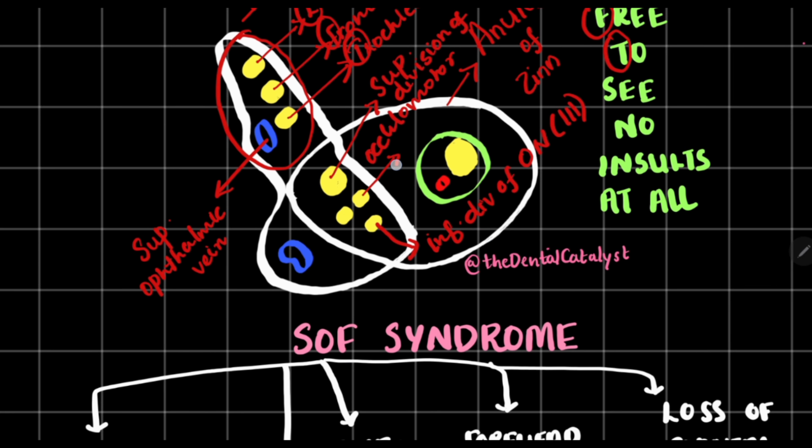The other 2 nerves in here are the nasociliary nerve and the abducens nerve. So, the superior division of the oculomotor nerve, the nasociliary nerve, the abducens nerve, and the inferior division of the oculomotor nerve comprise the middle sector of the superior orbital fissure. Now, on the last or the inferior sector, we have a single vein present, which is the inferior ophthalmic vein.